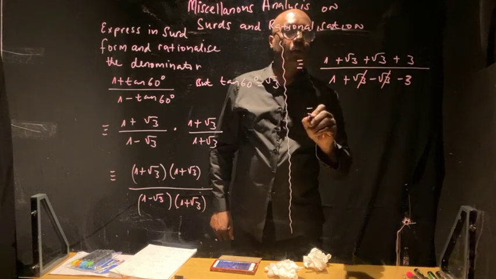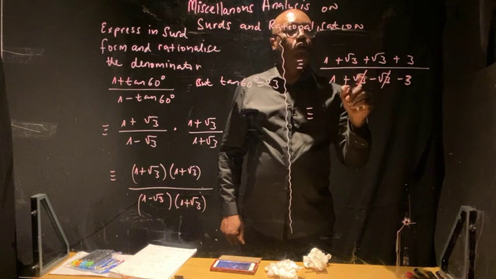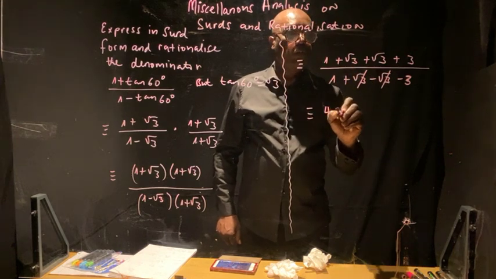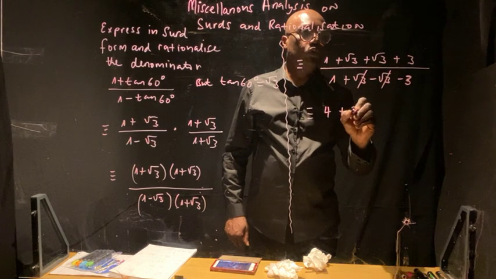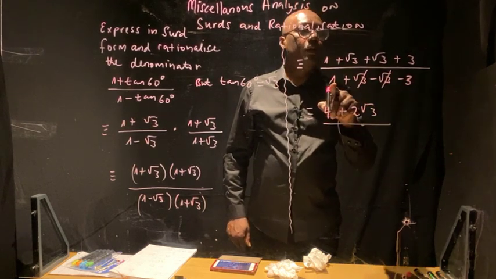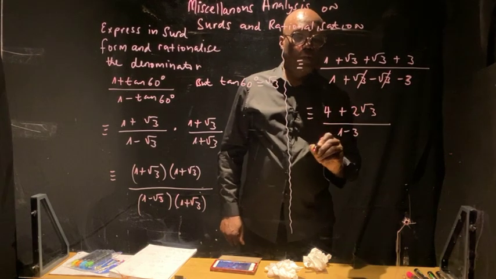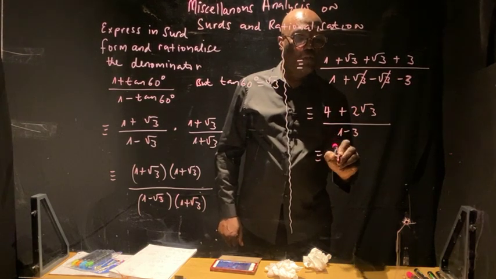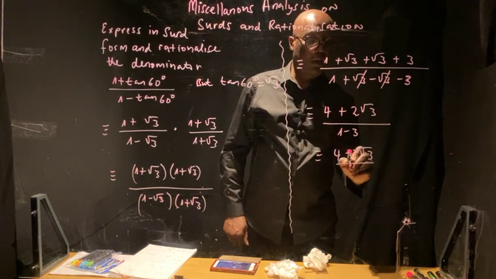So we are left with 1 plus 3 is equal to 4, plus root 3 plus root 3 is equal to 2 root 3, all over 1 minus 3, which is not different from 4 plus 2 root 3 over minus 2.